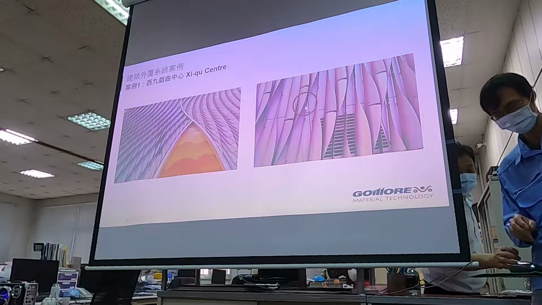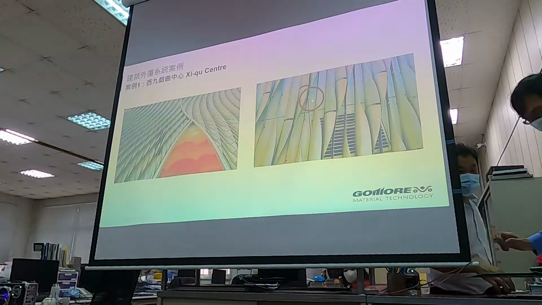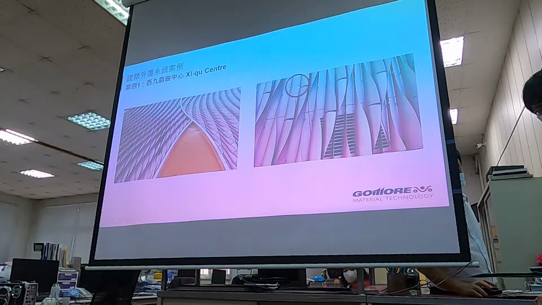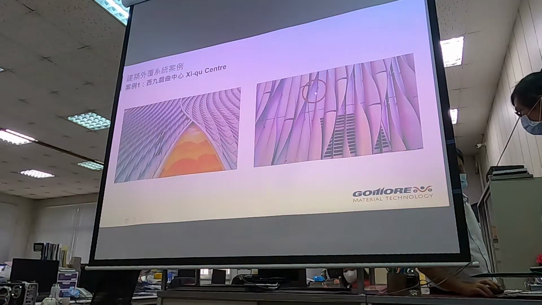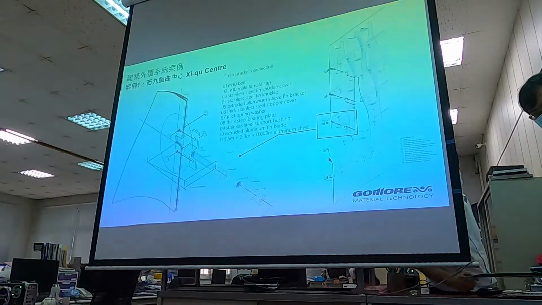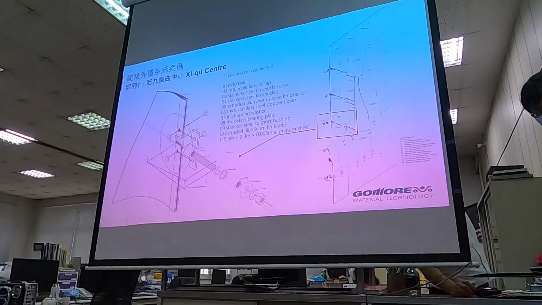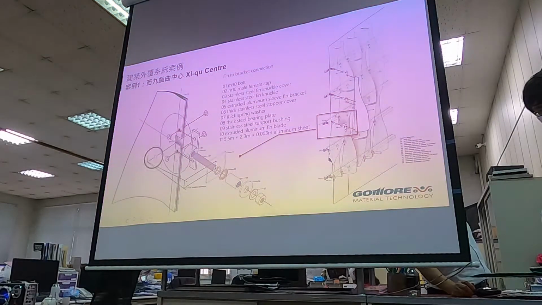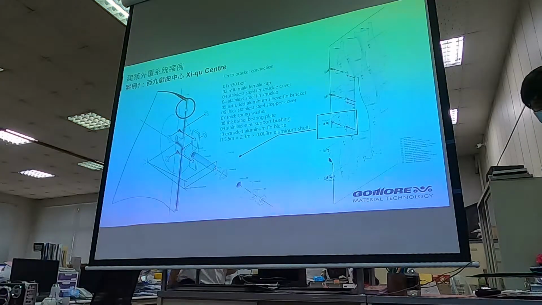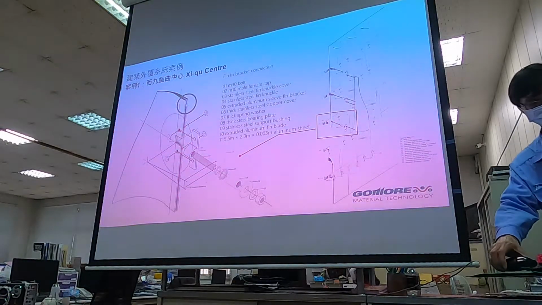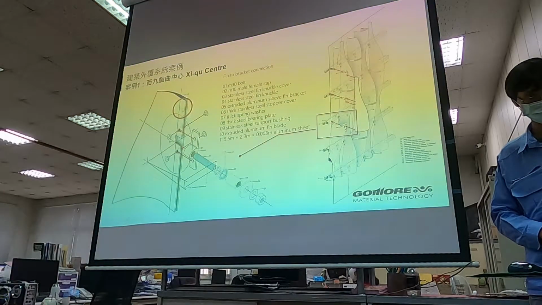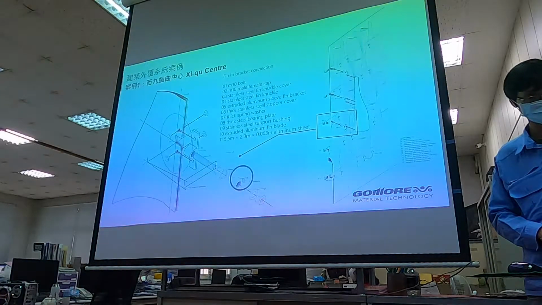This shaping looks like the image of a bamboo, and this is the node of the bamboo. And actually these are all metal sheet. So they curve the metal sheet into a 3D geometry, and with what we call a braking system, or you call it a hooking system, they connect the panel to the main structure.